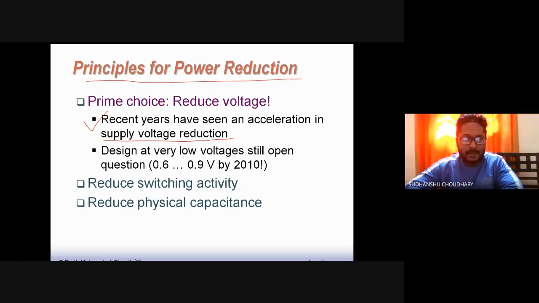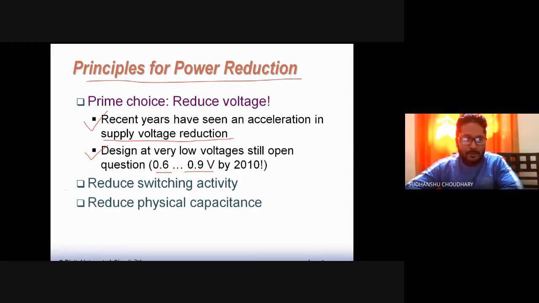So one has to keep that in mind. Then the other thing is to design at very low supply voltages. So this is an open question, as mentioned over here, for supply voltages somewhere around 0.6 to 0.9 volts. Obviously, because delay increases, it's a topic of research.